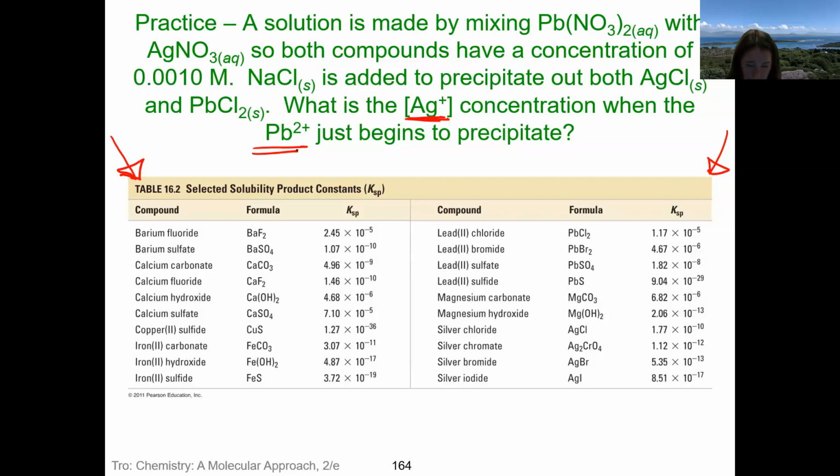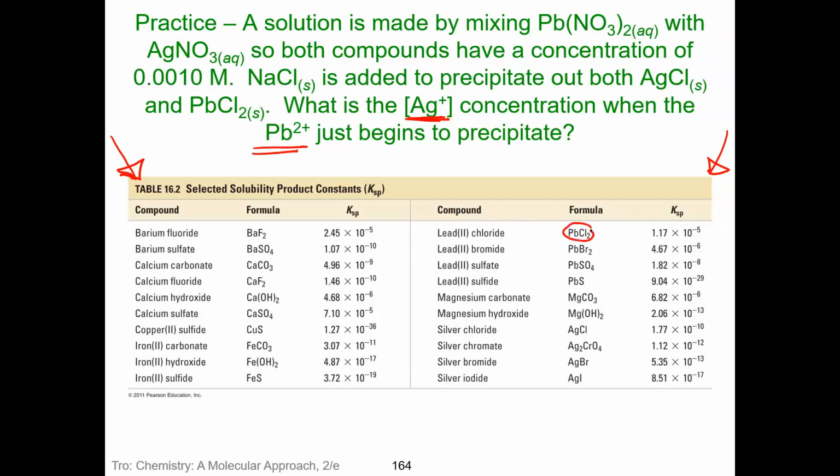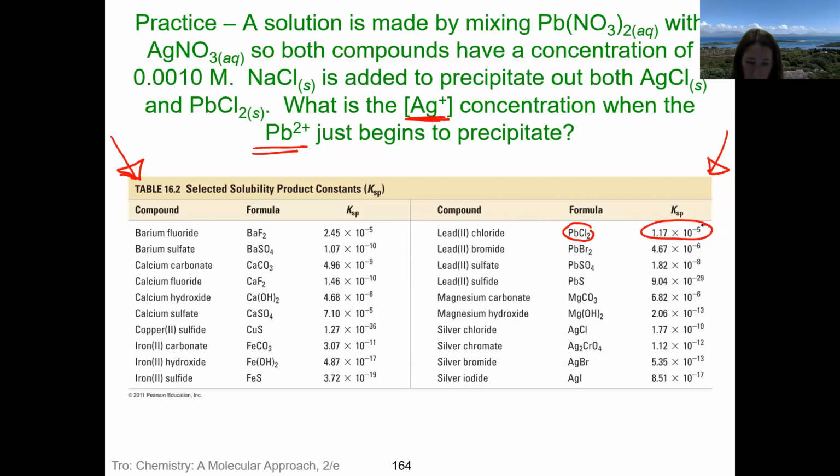So we've got to figure out what Ksp's we need. Here's lead chloride, so we're going to use this Ksp, and I've got silver chloride. These are our 2 Ksp's, and we're going to use both in this question. So the question is, what is silver when lead just begins to precipitate?